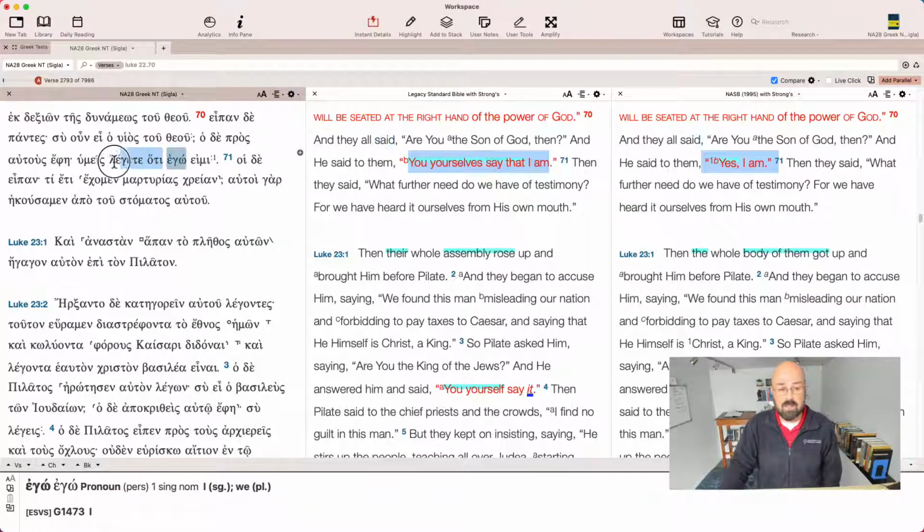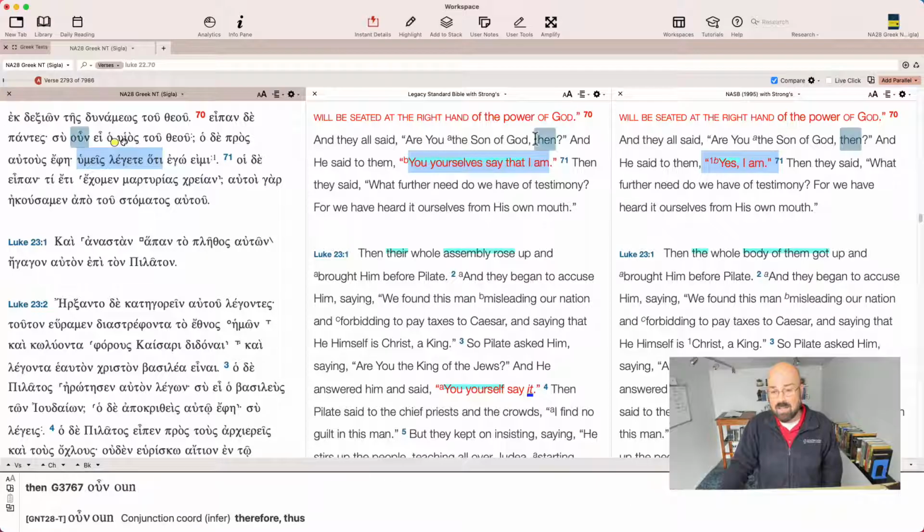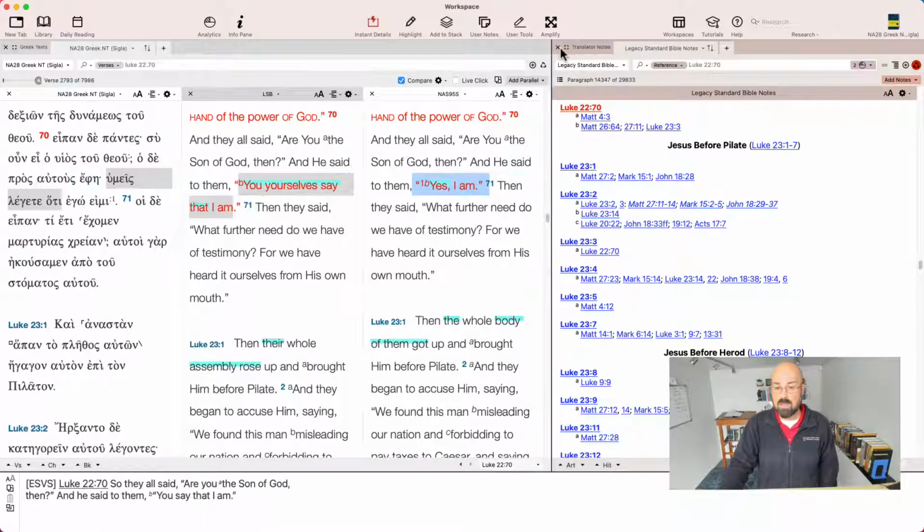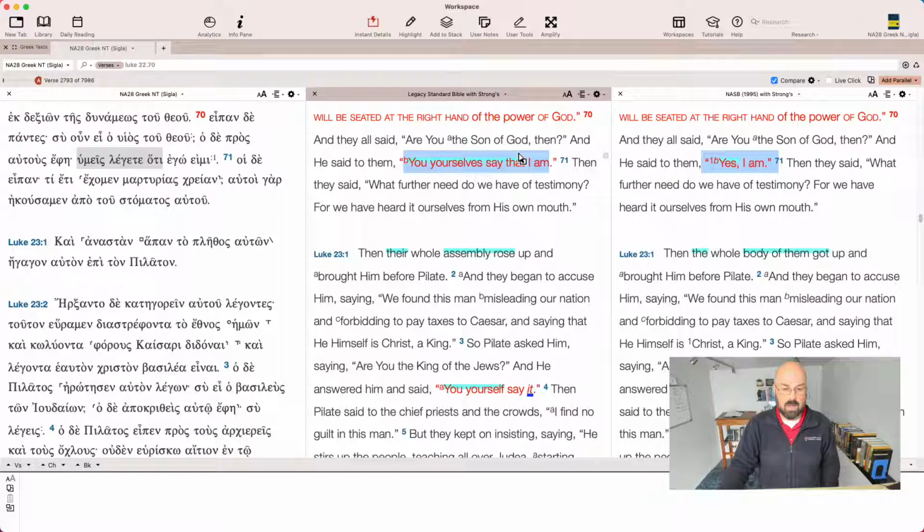There's no hoti, there's no humes legete, it's just ego eimi, I am, right? That's all they're saying. So the Legacy here, I think, has done us a service by making this a little bit clearer and more explicit to what the Greek text has done. And so again, this is one of those cases where they've done a good job, I think, of helping us to see the text behind the English translation.